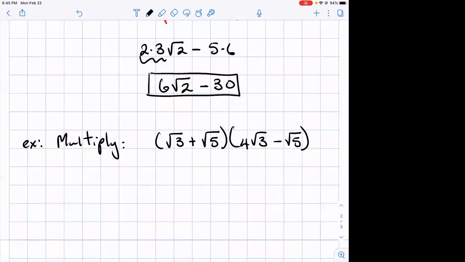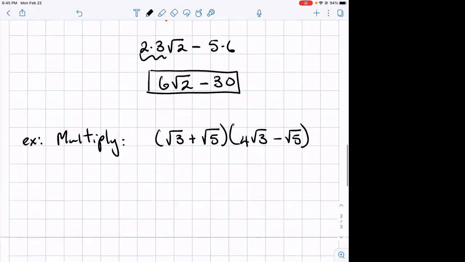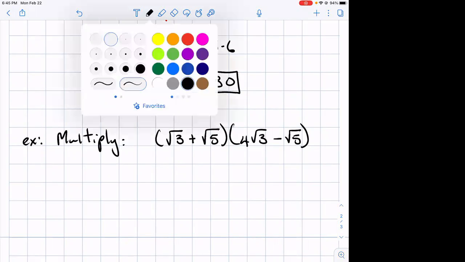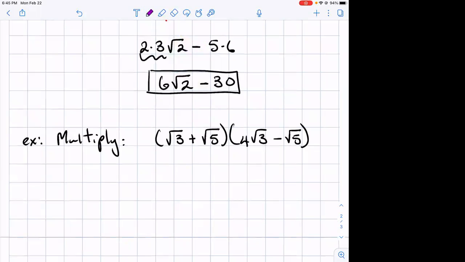So we know that when we have binomials, we generally say we FOIL them, right? So if we FOIL, let me rewrite here, the root of 3 plus the root of 5 times 4 root 3 minus root 5.